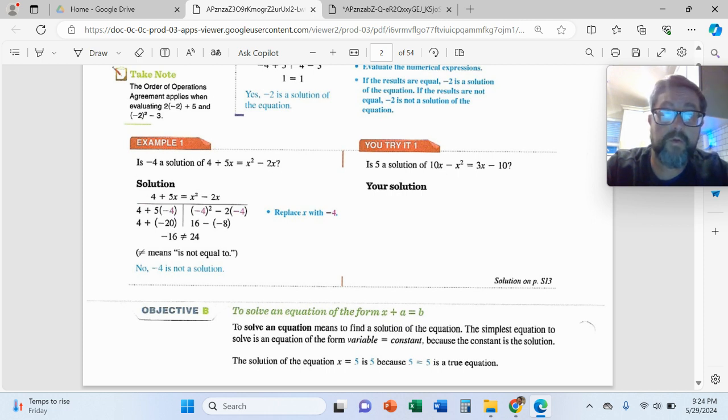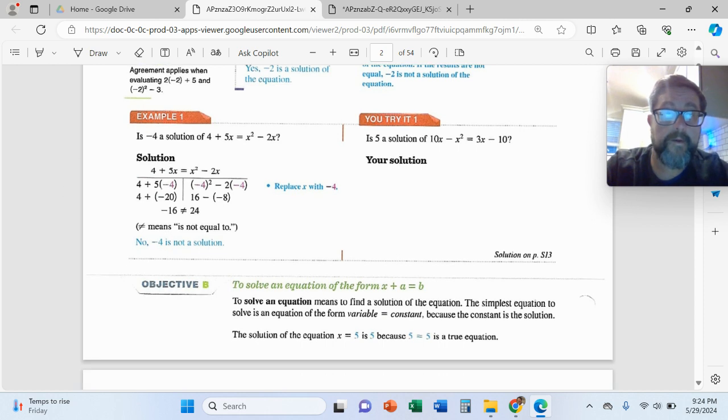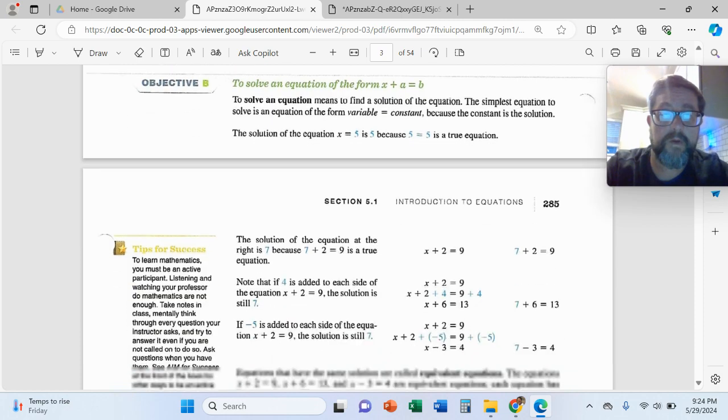All you'd have to do there is plug in negative 4 for x, I think. So yeah, that's what they show doing right there.